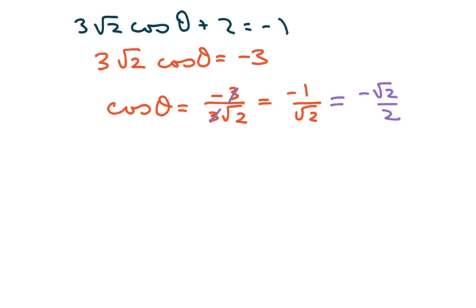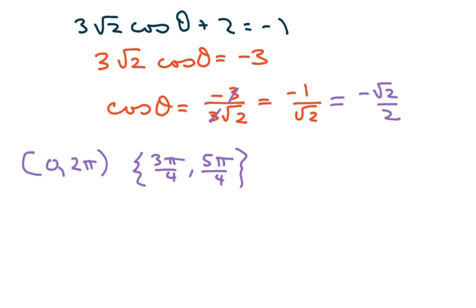And we know there's 2 solutions where cosine is negative square root of 2 over 2, and that's going to be in quadrant 2 and 3. And these are actually the easier ones to me, so that's going to be 3 pi over 4 and 5 pi over 4. Again, we are going from 0 to 2 pi on these.